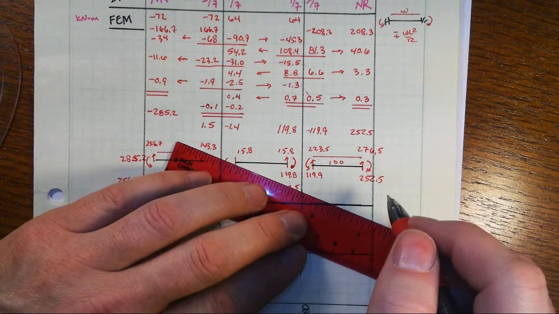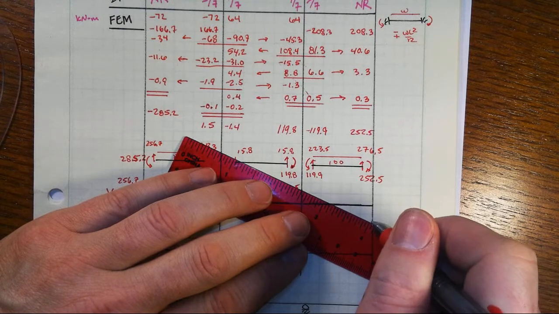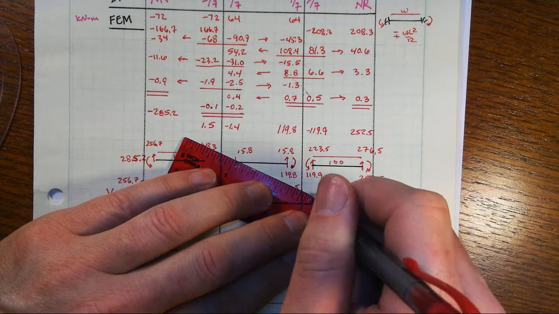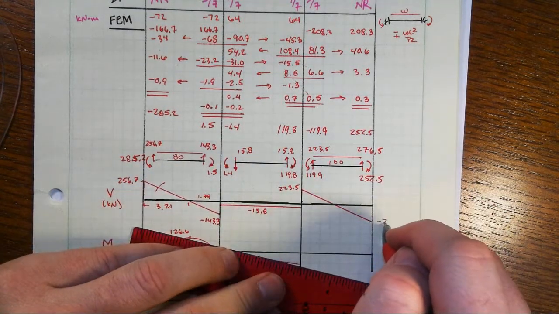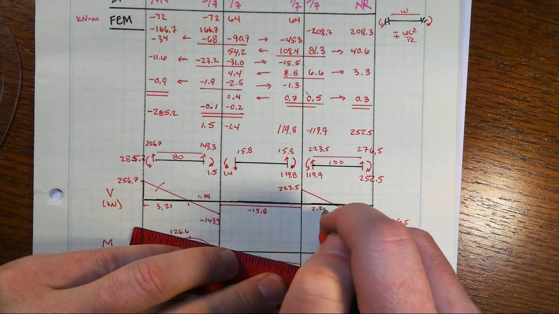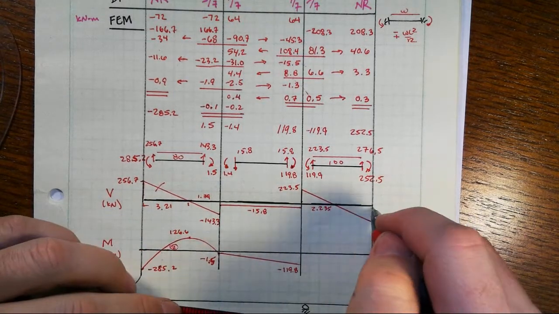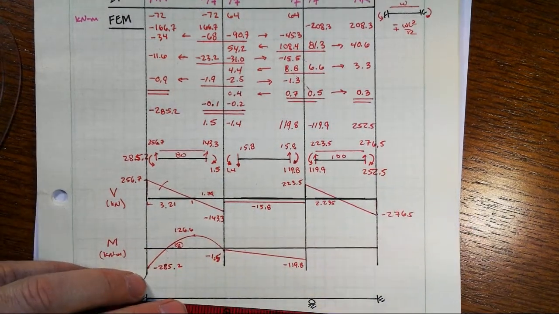We're going to get all the way down to 276. And again, that will be 2.235 meters over there. Right, and then of course that closes off the shear diagram.